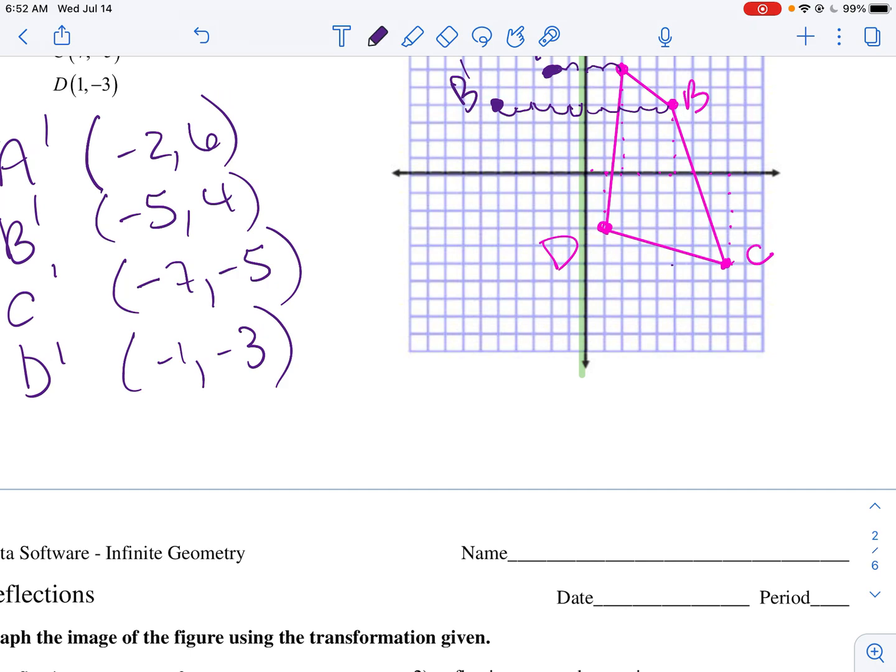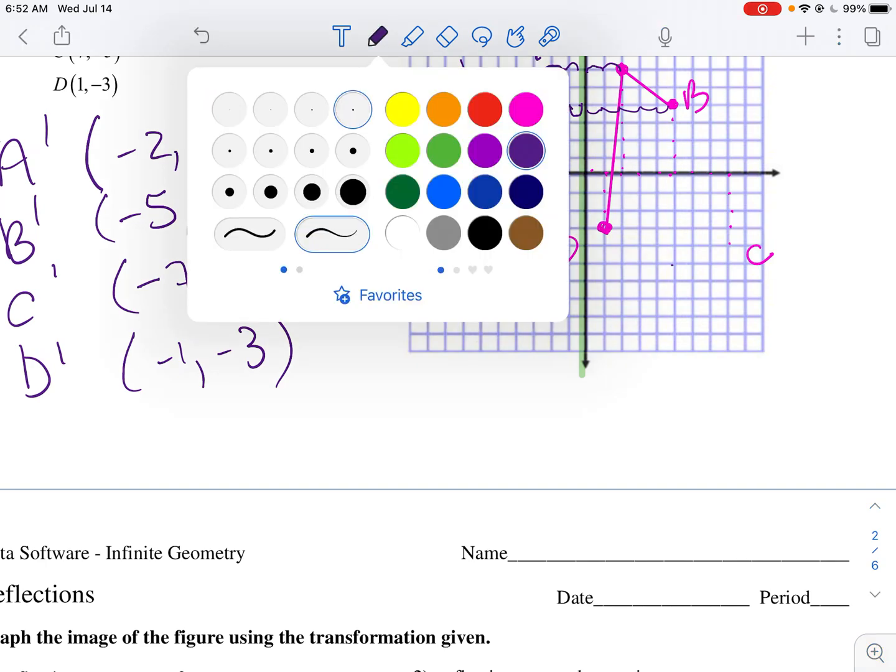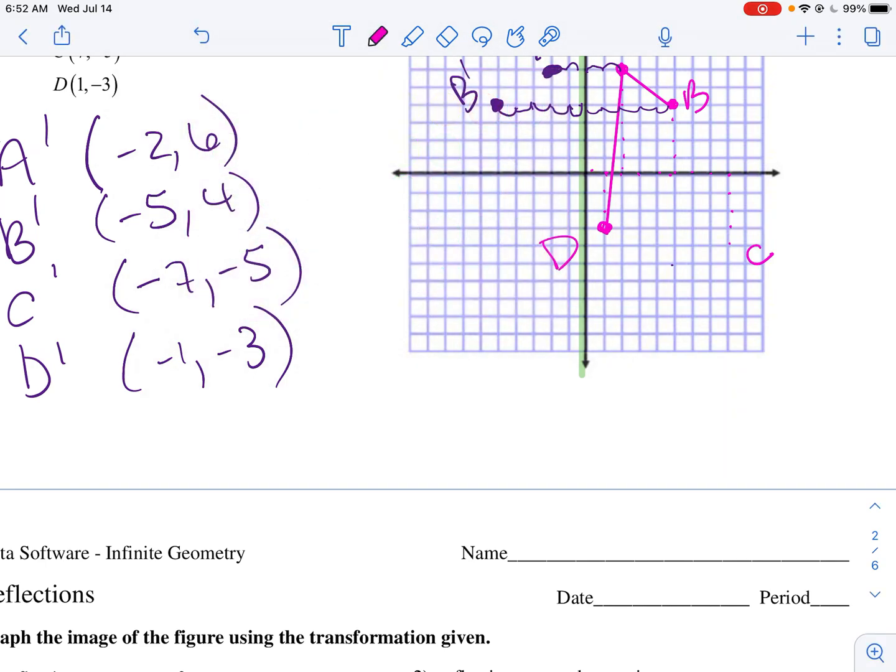Oh, I did. I'm not very good at drawing on this for some reason. Yeah, I went over too far. So 1, 2, 3, 4, 5, 6, 7. There we go.